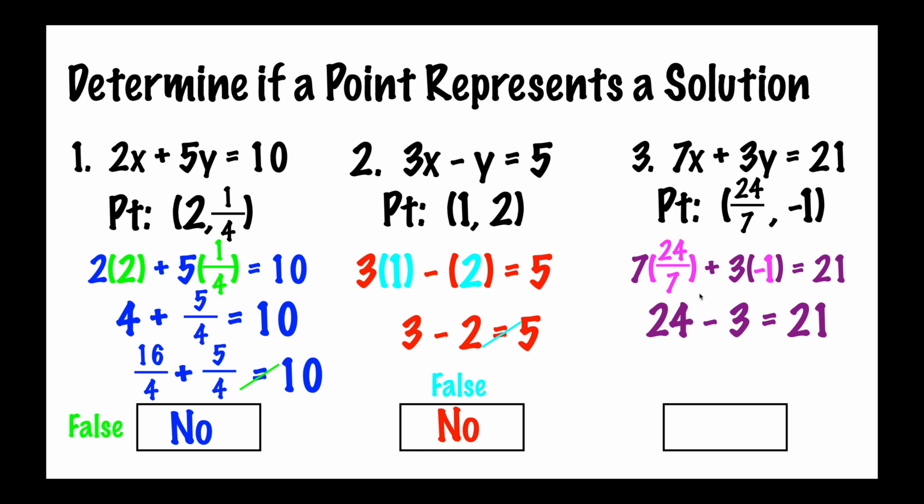That means I'm just left with 24. 3 times -1 is going to be minus 3 is equal to 21. And that is a true statement because here I would get 21 is equal to 21. Since that is true, that point is going to fall on the line. If I graphed this and plotted that point, it would fall on that line.